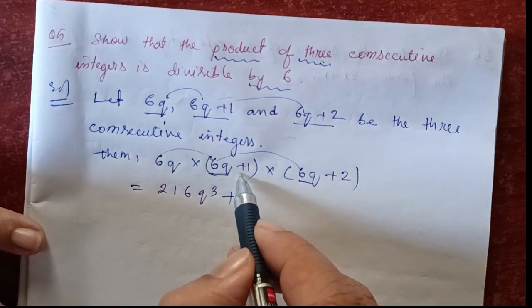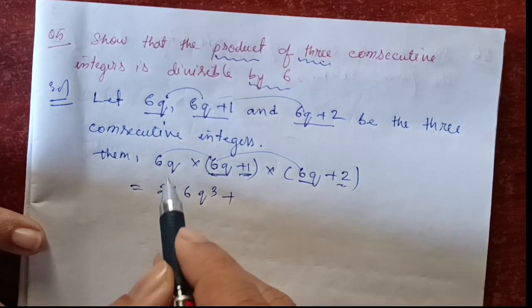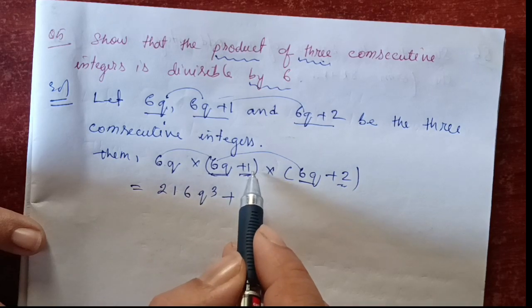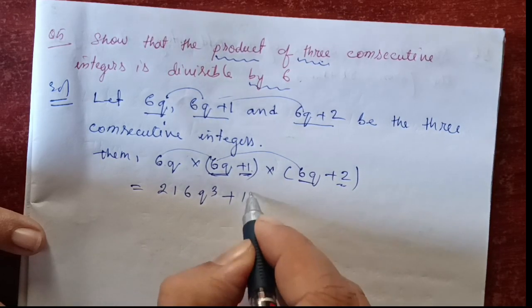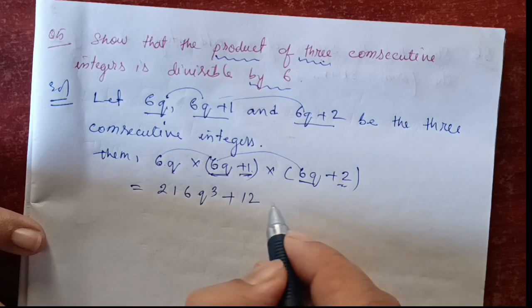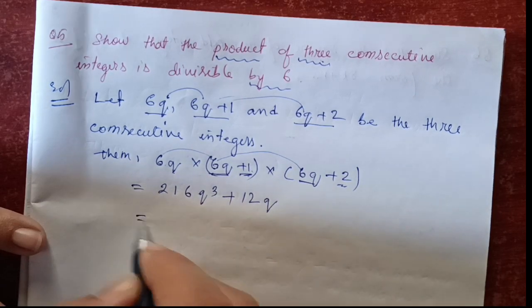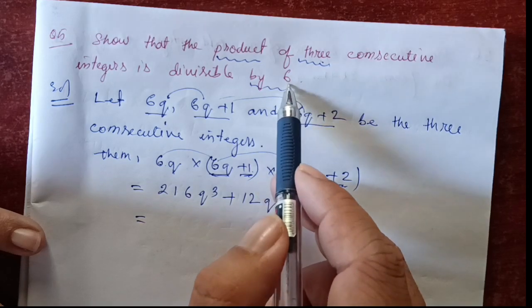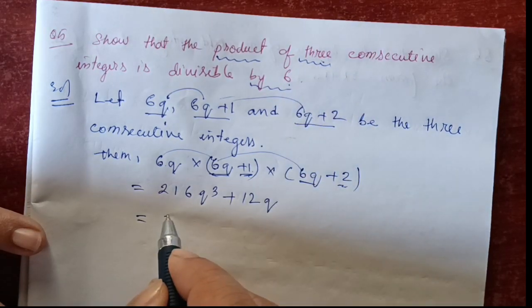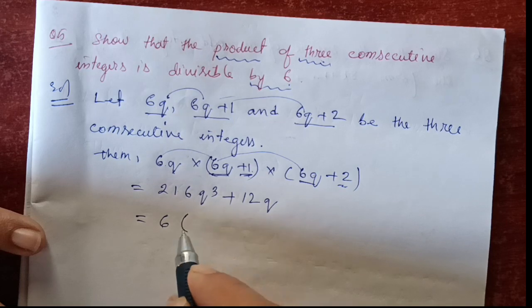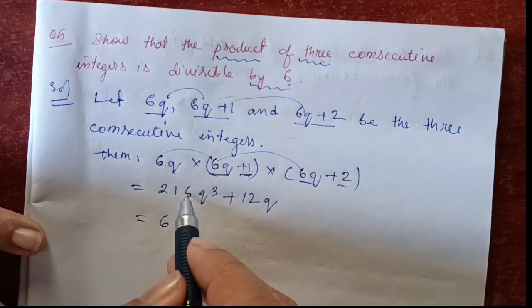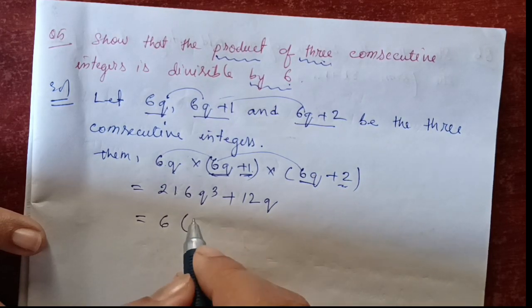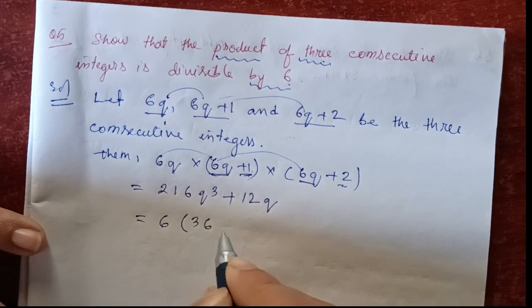All right, now let us multiply with the second number. Okay, 6 into 1 is 6. 6 2s are 12. Here we have q, don't forget to write this one. Okay, so it should be divisible by 6, right? So let us divide by 6. Okay, if this 216 is divided by 6, you will be getting 36.